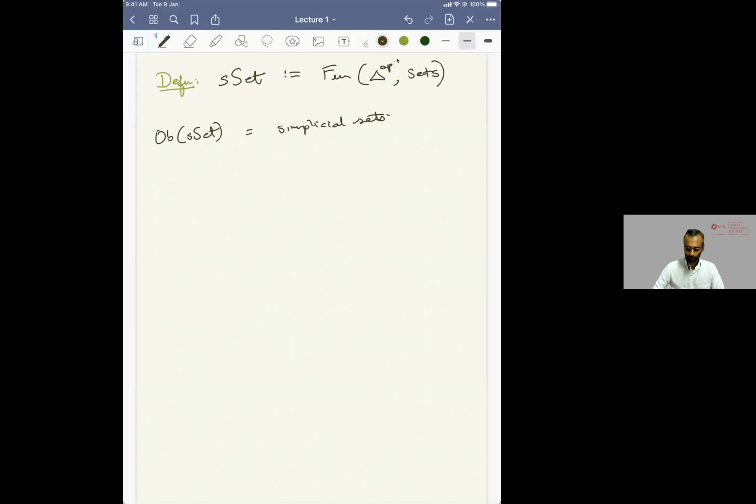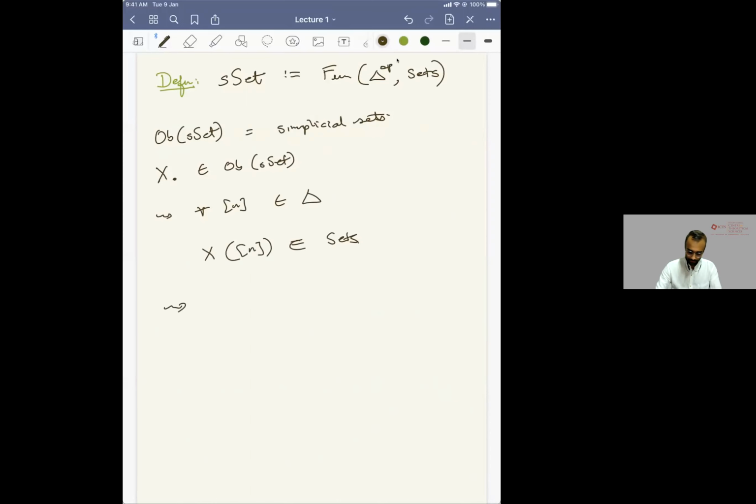And what is a simplicial set? X dot, an object of S set, is the following data. It means that for every n in Delta, I should have some X of n, a set. And this is on objects.